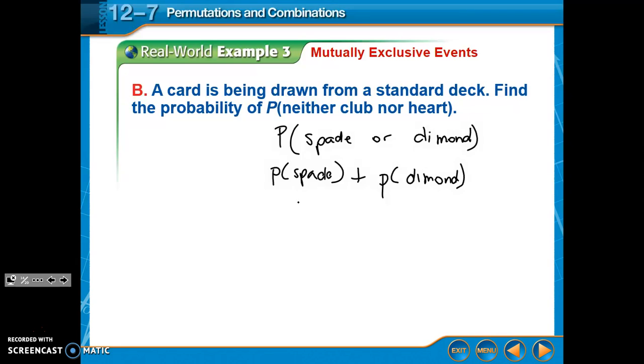So the probability of a spade, there's 13 out of 52 spades and 13 out of 52 diamonds. So it makes a total of 26 out of 52, or 1/2. So the probability is 50% that you're going to pick neither a club nor a heart, which would be the same as a spade or a diamond.